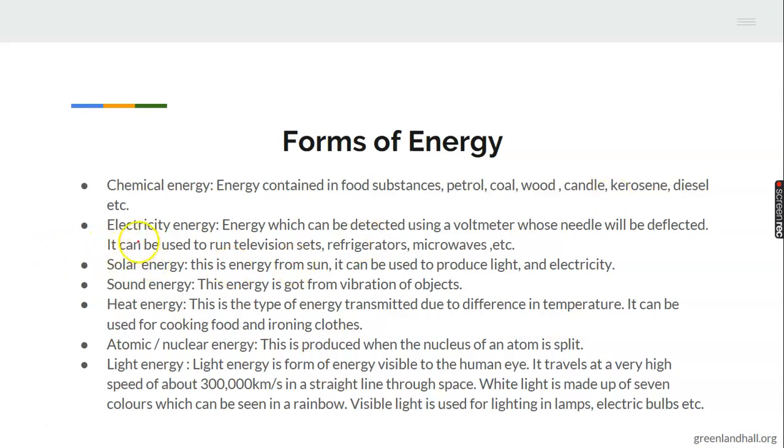Then when you talk of electricity energy, we are talking of energy which can be detected using a voltmeter. There's an instrument called a voltmeter. It's used to detect if there's electricity in a particular instrument or machine or whichever thing you can think of.